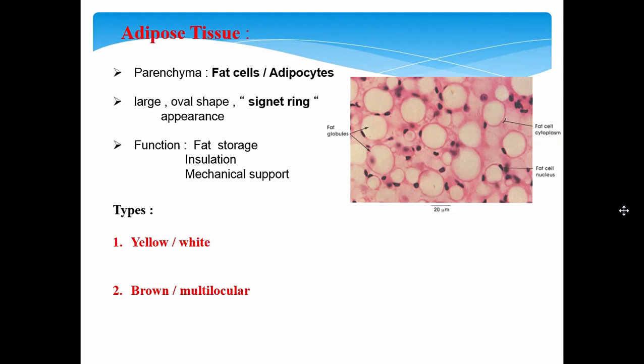What do you mean by multilocular? Several small lipid fat droplets are seen, while in the yellow, you have only one. Here, the small fat globules. Under the staining procedure, the fat globules are removed.